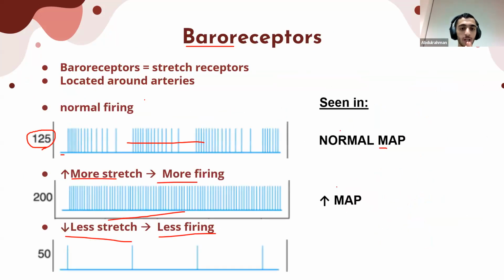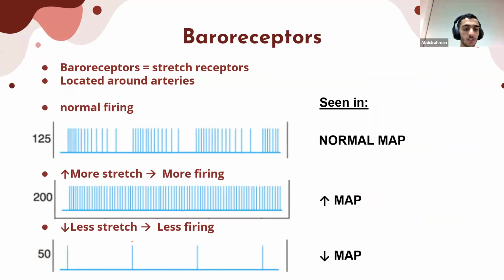I'm sorry for going back, but I just want to show you this slide again, and I want it to be empty so that you guys can see: increased firing of baroreceptors means increased stretch means increased blood pressure. This is just to make it very simple for you guys. Whenever you read a question, don't think much about it. Increase in stretch, increase in firing, increase in blood pressure. Decrease in stretch, decrease in firing, decrease in blood pressure.